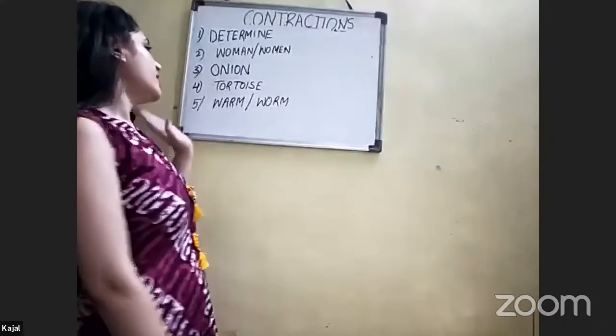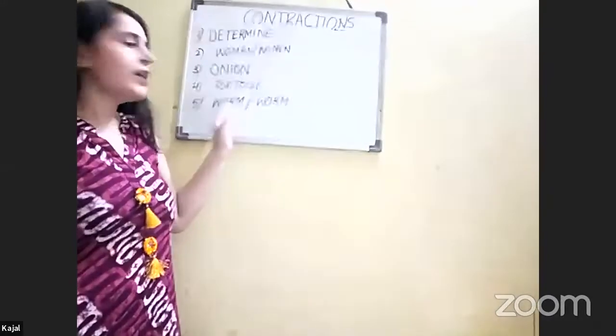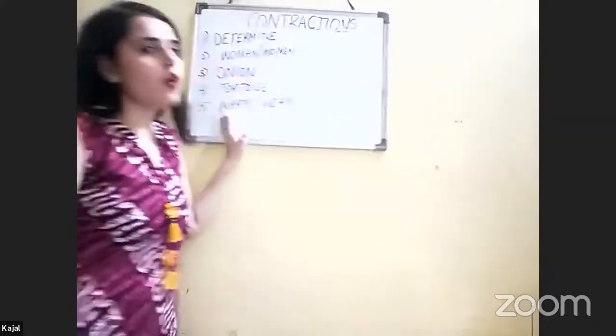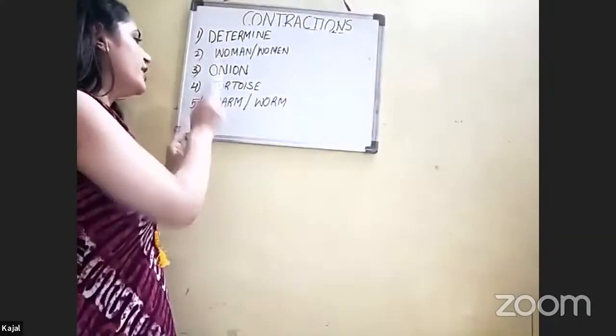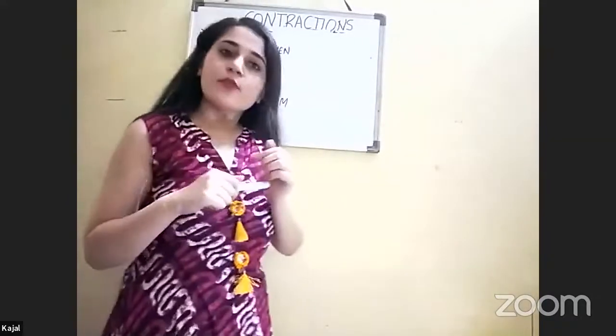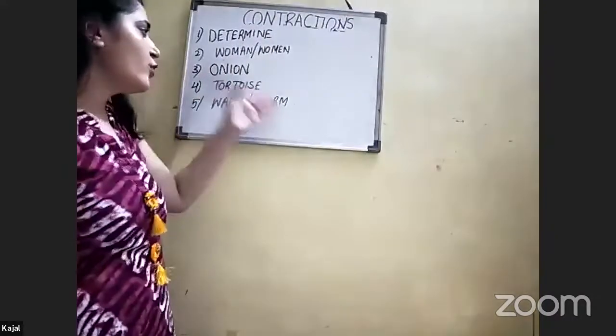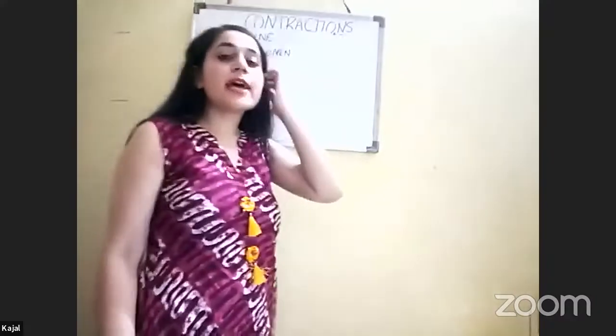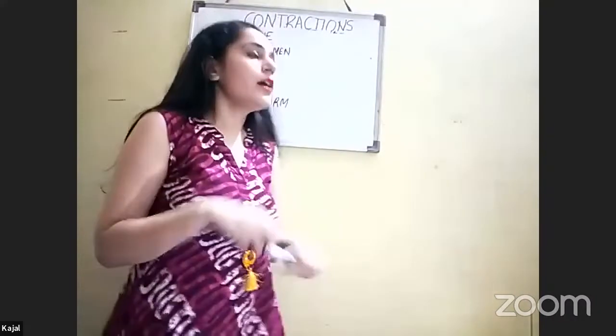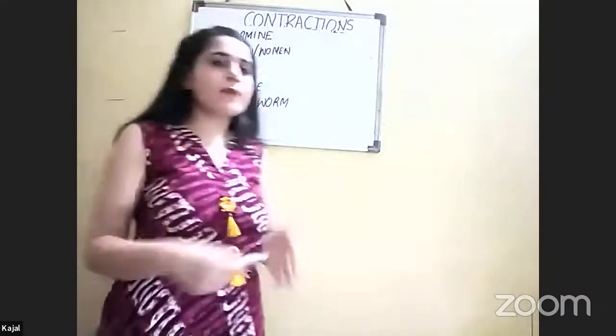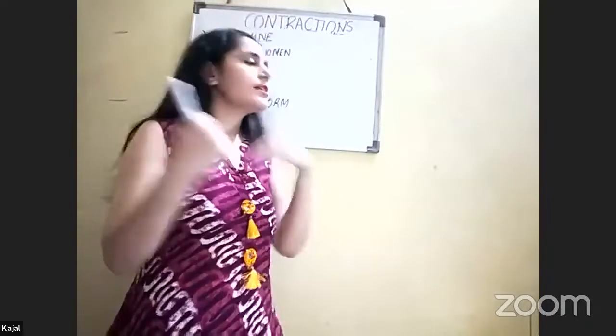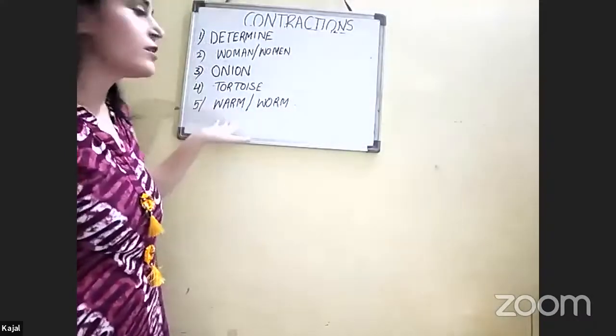WARM is pronounced as worm. But WORM is pronounced as worm. It is a kind of insect, tapeworm, earthworm. These are worms, and this is warm. We feel warm, but we see worms.